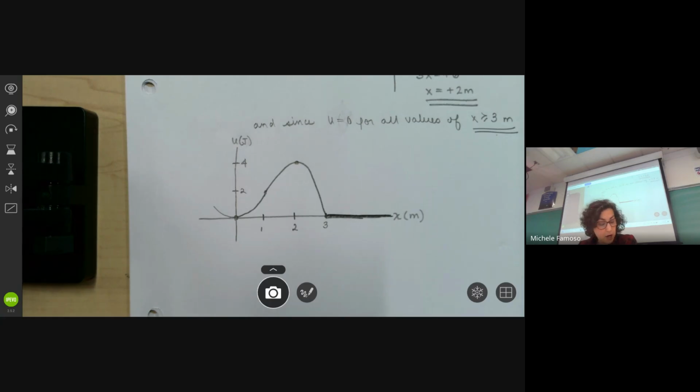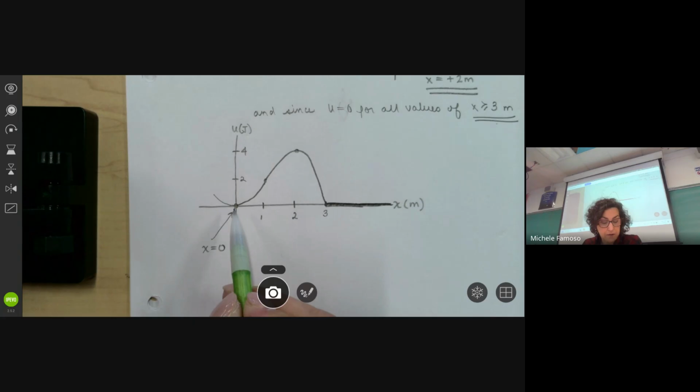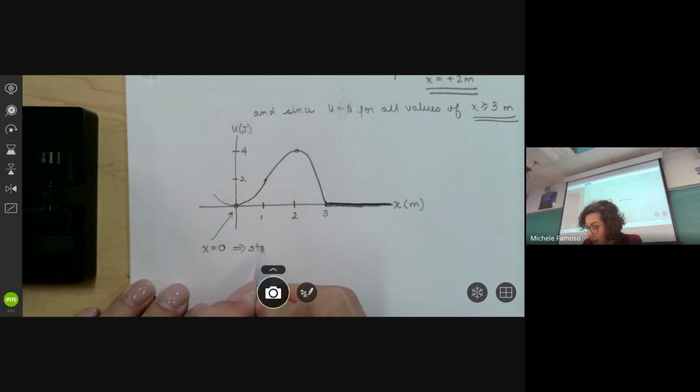So now they want to know in part C, what's the stability of these equilibriums for all those values of x? If I look at x equals 0, do you see how I'm at a minimum on the graph? That implies that that is stable equilibrium. The graph right here is concave up.